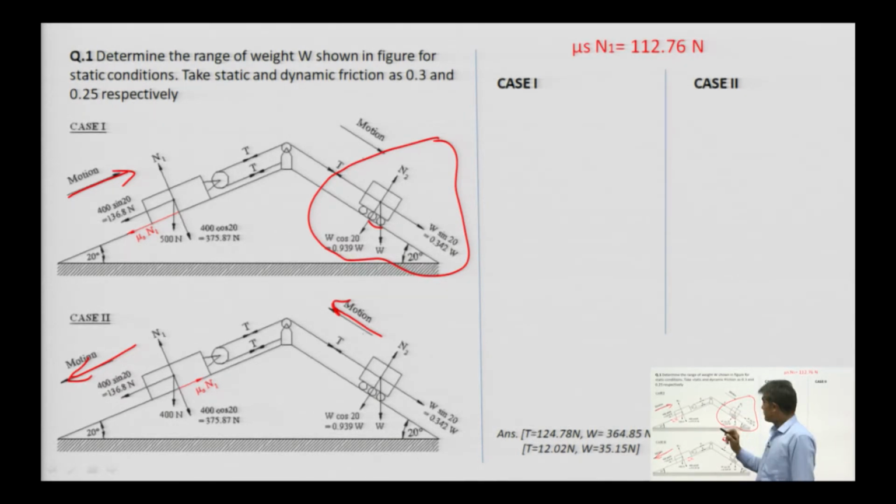I told you that at the contact surface of the trolley and the inclined plane there is a roller, and that is why we will neglect the friction.